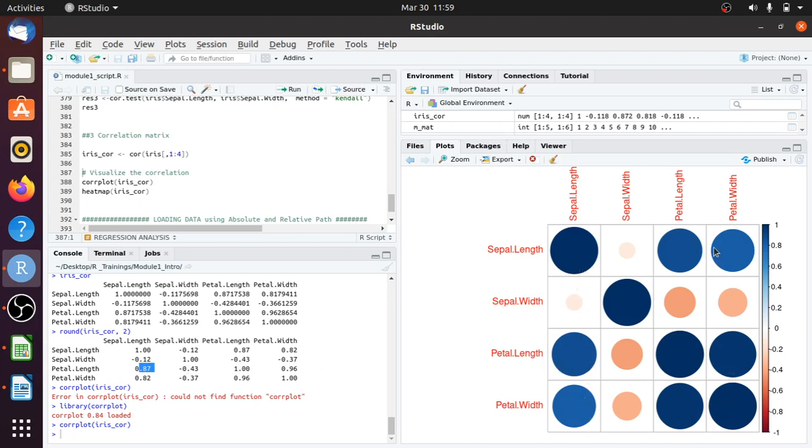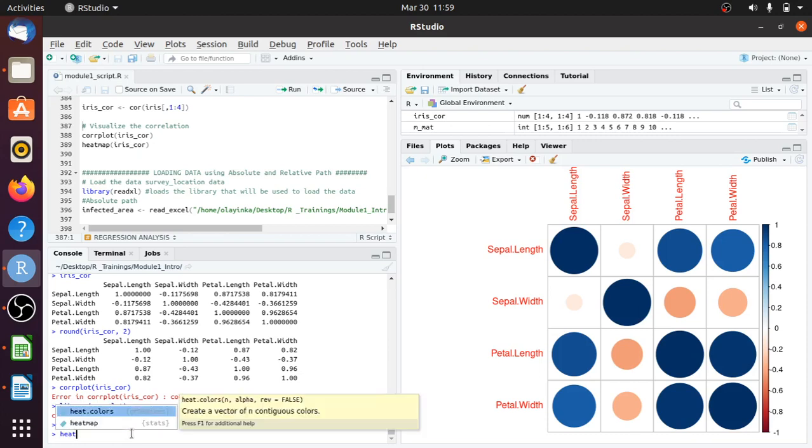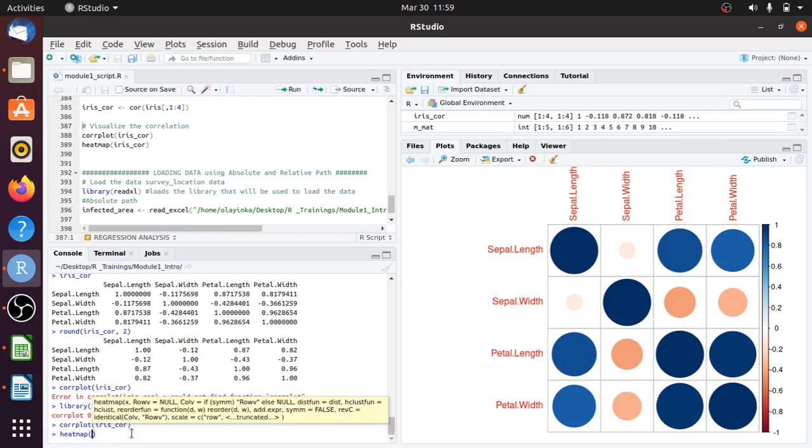But all these are part of the things that will come up under visualization in the second module. So I believe we've gotten something interesting from there. Let me just do heat map. There's nothing much in our listing for that.